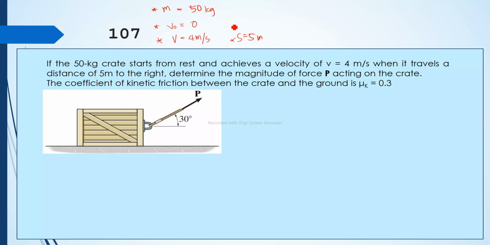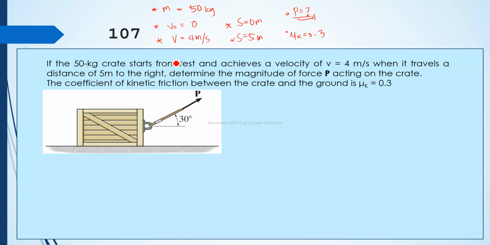So this is a function of our displacement. Determine the magnitude of P. So what is P? And then we have our coefficient of kinetic friction equal to 0.3. So what else can we have here? Okay, that's all.